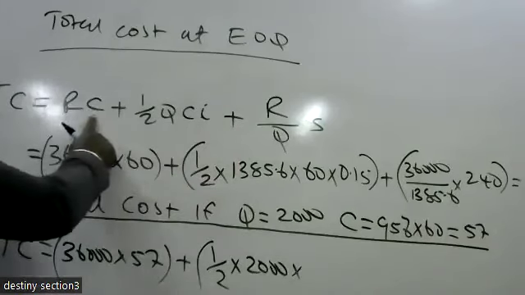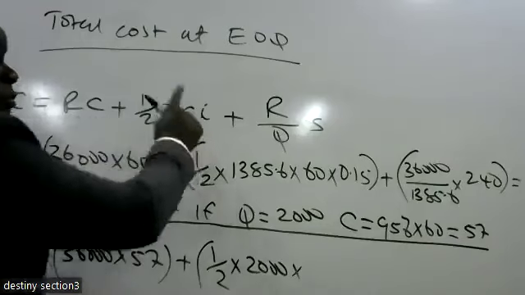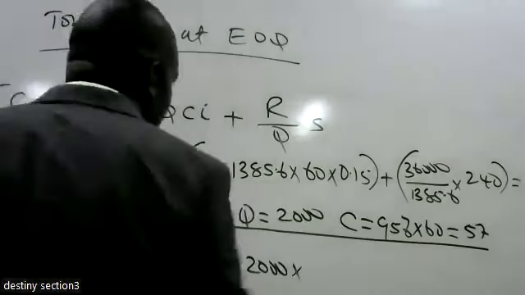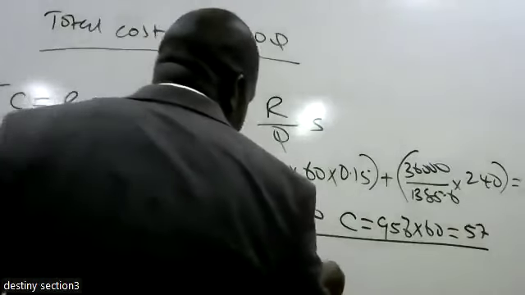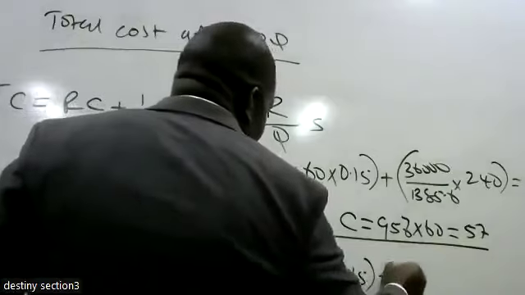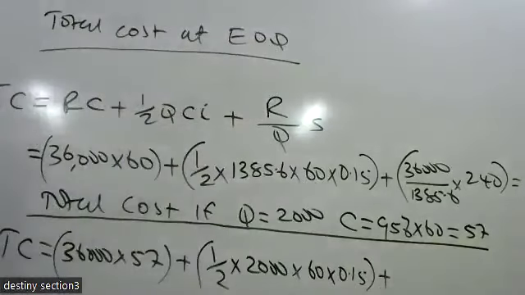This one is affected by the discount, but this C is not affected by the discount because it is a holding cost. So this one you still use the 60. Still use 0.1. Right, like that. I hope we get that point.